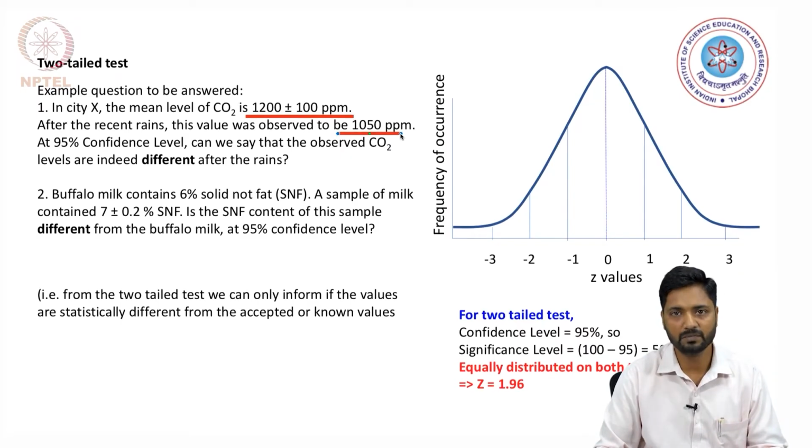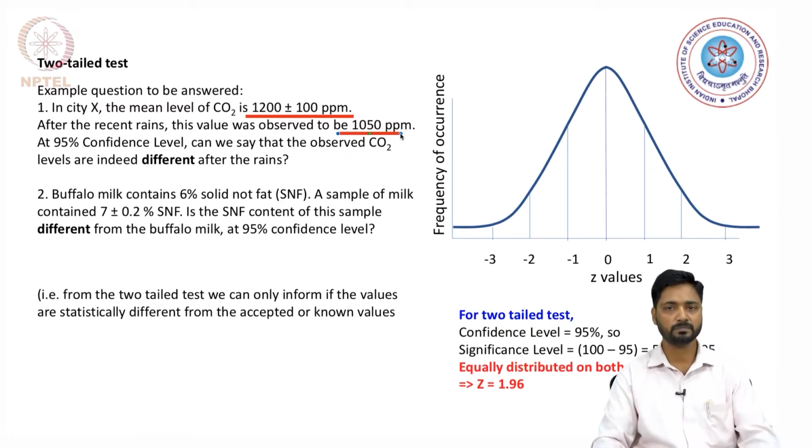The question at hand is, at 95% confidence level, can we say that the observed value of carbon dioxide levels after the rain is indeed different from the commonly observed value of 1200 plus minus 100 ppm?